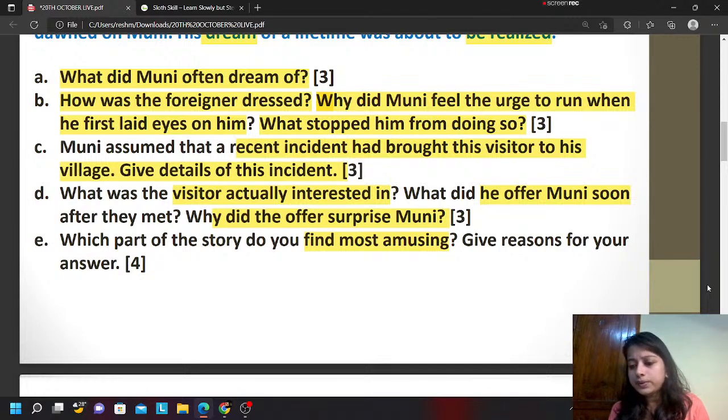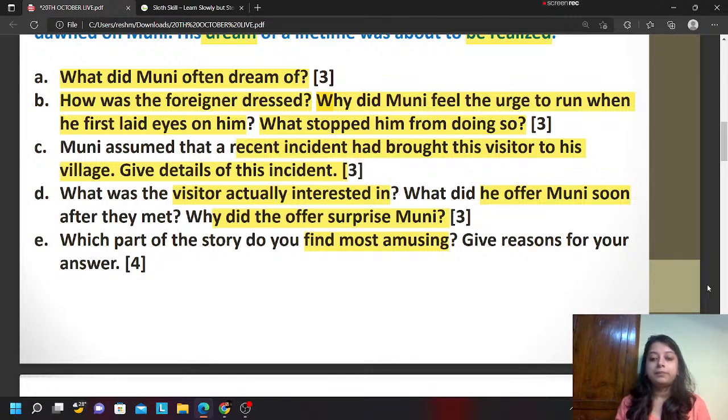Or you can even write that maybe I found, see page number 58, when he was offered a cigarette and the foreigner flicked the lighter, offering Muni to use it to burn his cigarette.